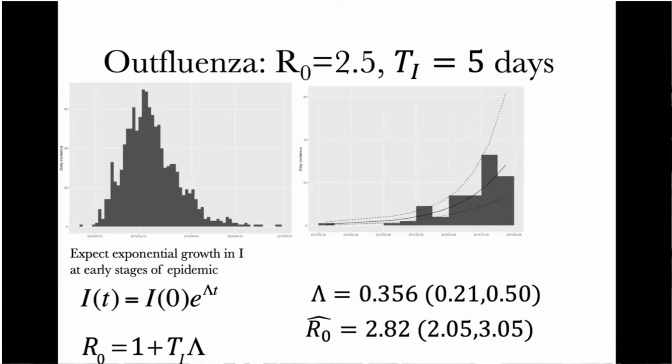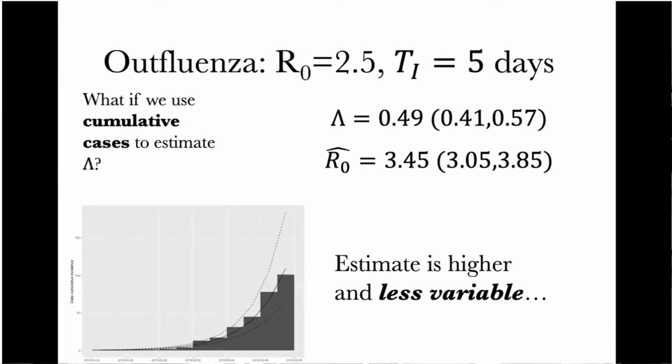If you compare this particular plot here, there can be a lot of noise around this, and when you want to kill that noise, sometimes you use cumulative incidence and still use the same method to estimate R naught.